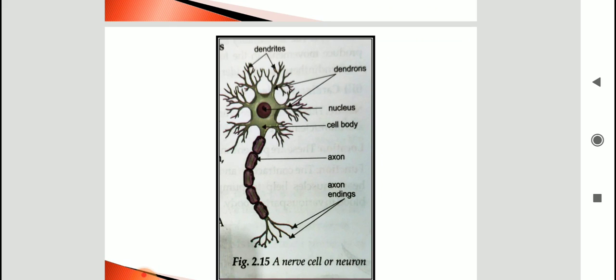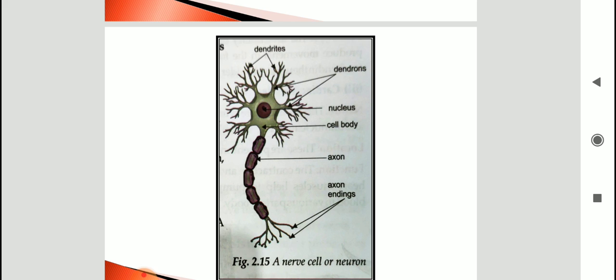you will observe that the nerve cell or neuron has different regions. At the center there is one big nucleus. Where is it found? In the cell body. This green colored portion is the cell body. Inside the cell body you see one big nucleus.